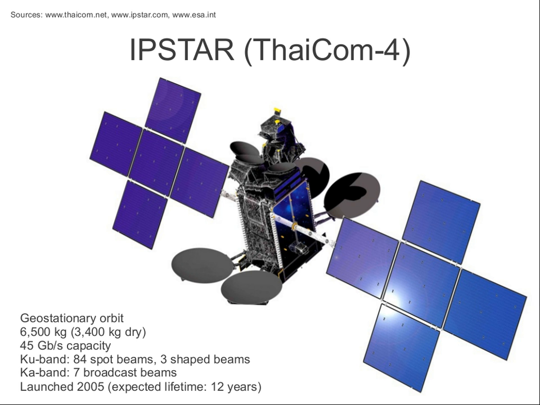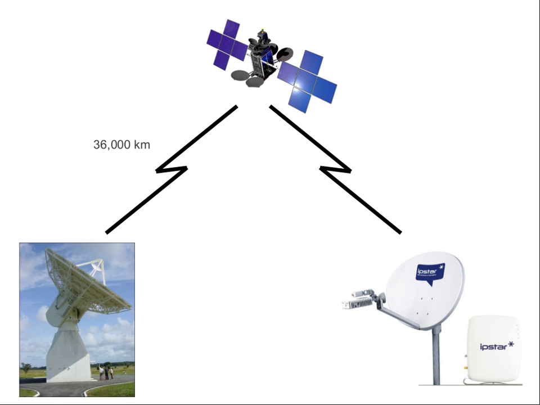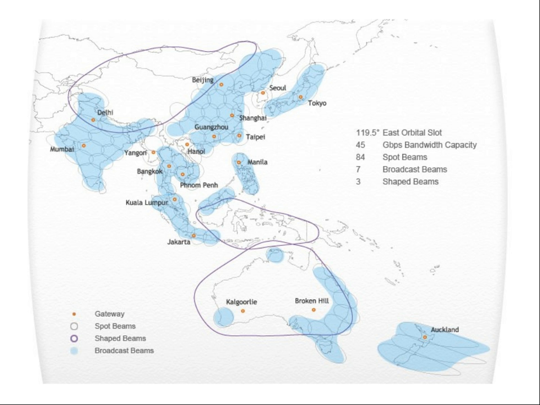This diagram shows the spot beams, or the footprints of the satellite. That is, it has multiple antennas on it and can transmit multiple signals in different directions. They're called beams, and there are different types of beams.